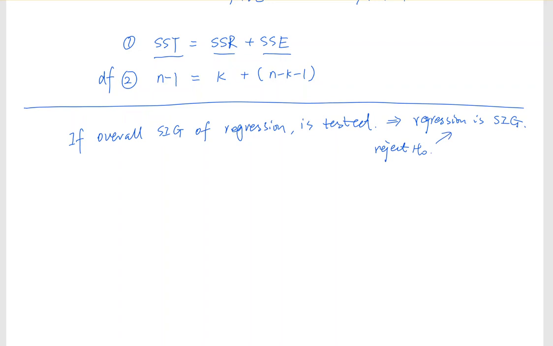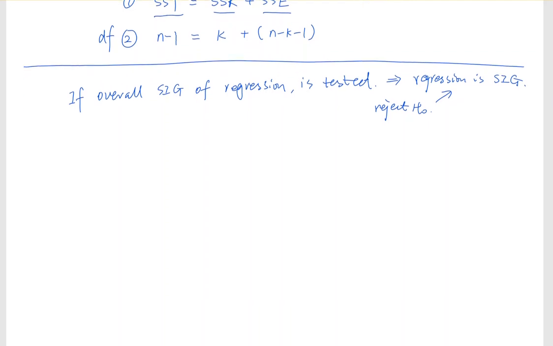That means I don't know which explanatory variable has a strong relationship with the response variable. I can only test overall that there is a linear relationship between the explanatory variables and the response variable. But I don't know which one is significant or not significant, right? So next, based on the conclusion of the overall significance, we can test for each variable.